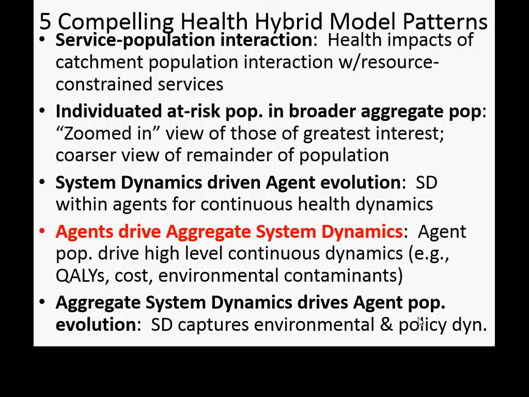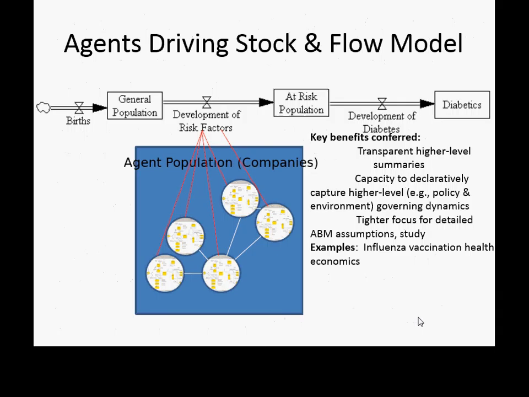Okay, another type of compelling situation is one where we have an aggregate model, which might be characterized with system dynamics, and we have agents represented for particular actors that drive that model. An example might be tobacco companies or community organizations, and they are interacting with a population that might be represented at an aggregate level.